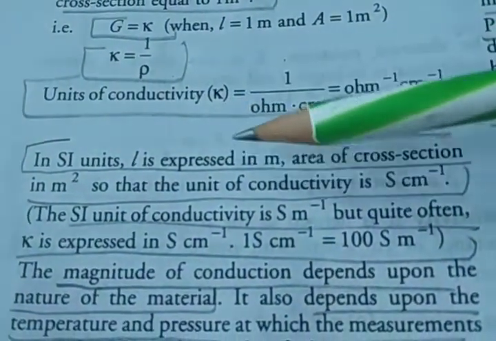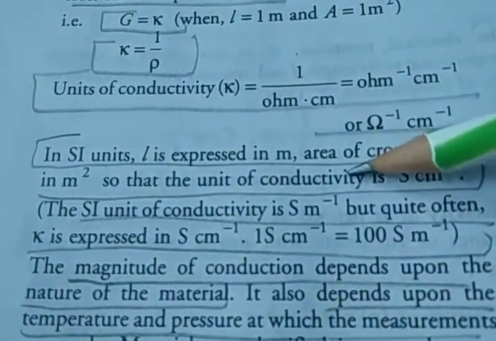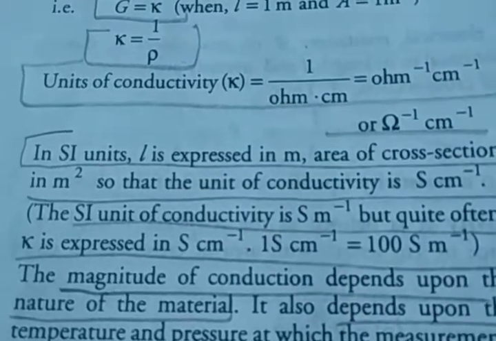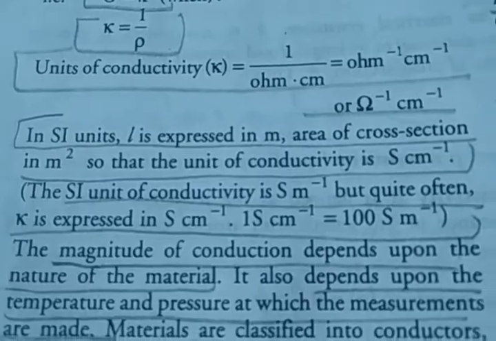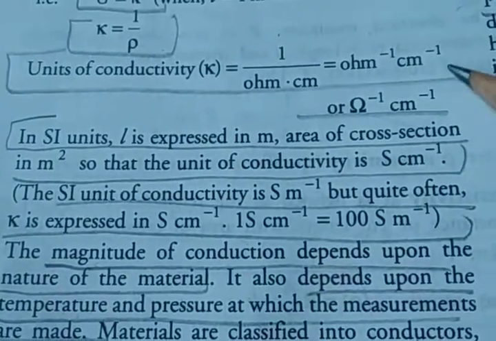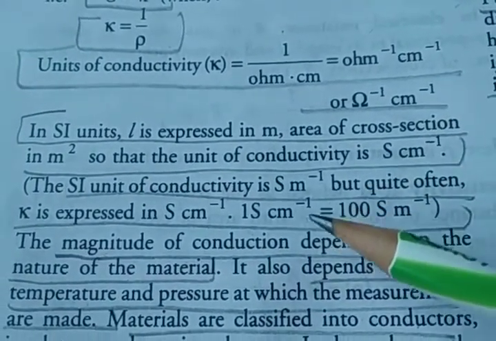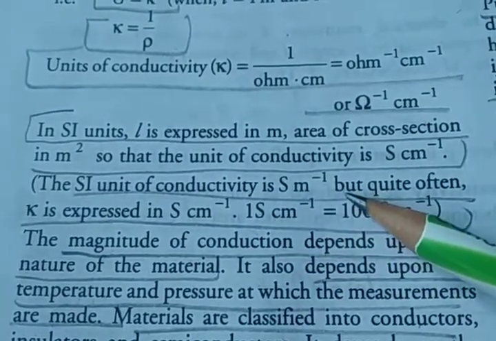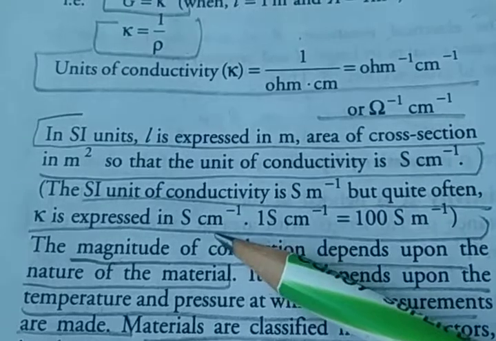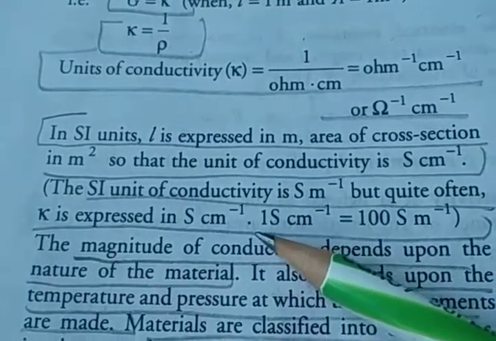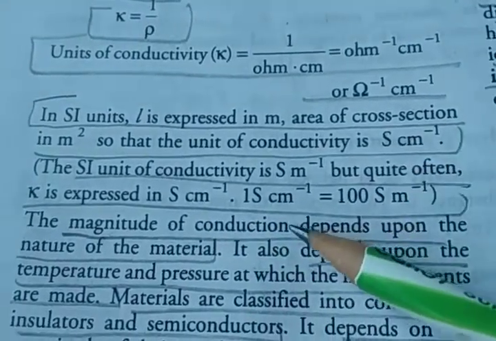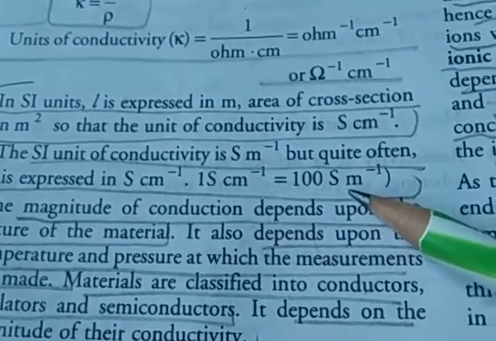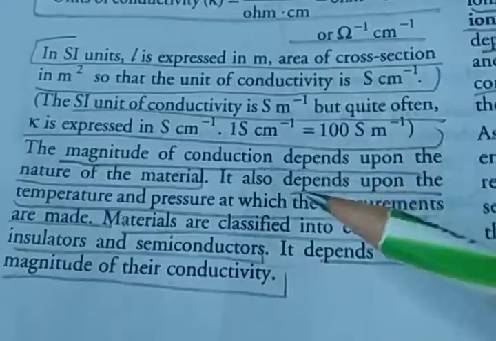In SI, L is expressed in meter and area of cross section in meter square, so the unit of conductivity is Siemens meter inverse, but quite often kappa is expressed in Siemens centimeter inverse. And 1 Siemens centimeter inverse is equal to 100 Siemens meter inverse.